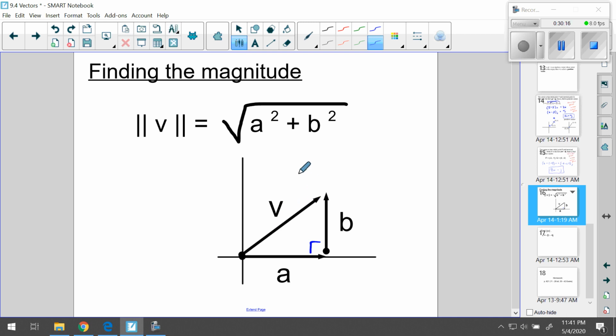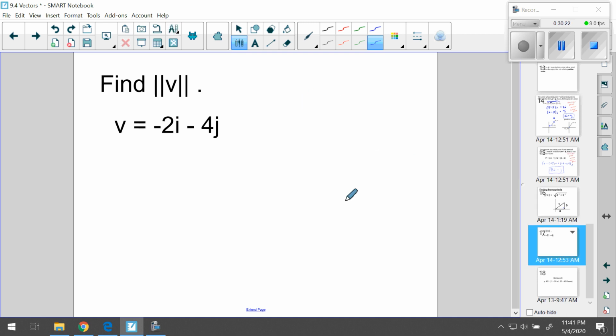Because of that, the formula just reads: it'll be the square root of a squared plus b squared. To see how that plays out, we're going to use that i and j notation to write our vectors algebraically. If I wanted to find the magnitude, it's simply plugging these values into the Pythagorean theorem.